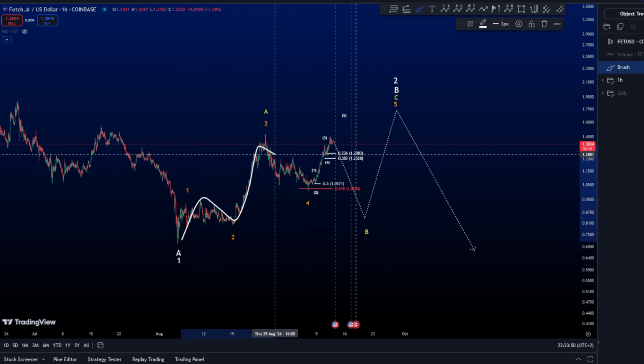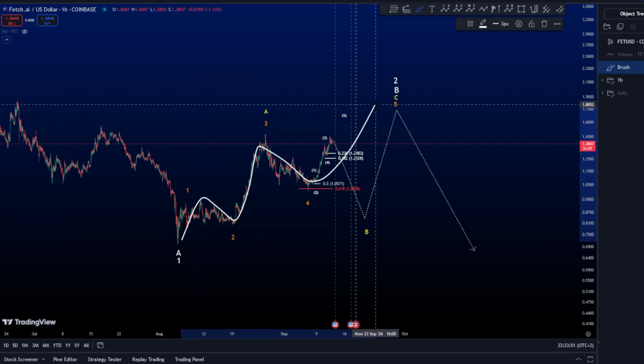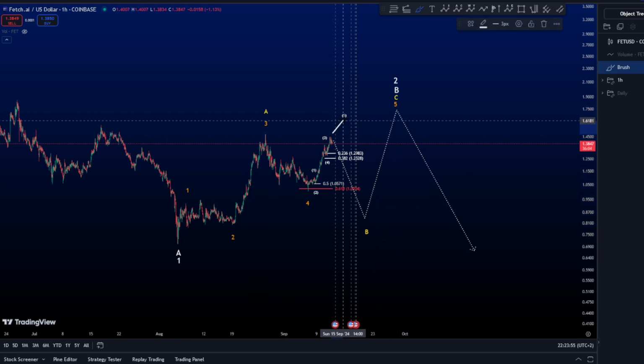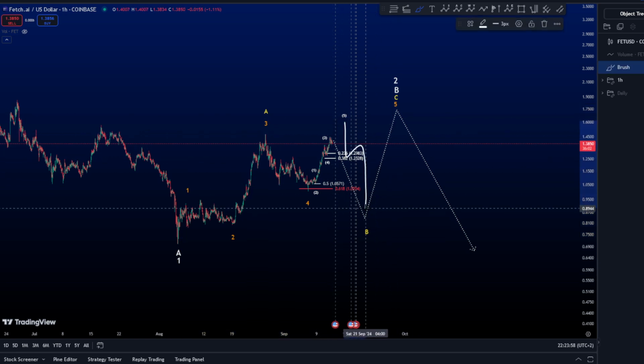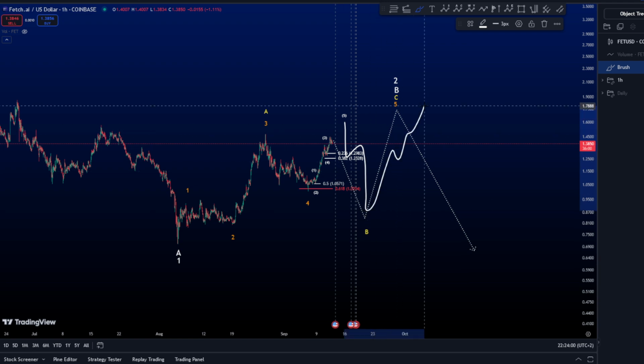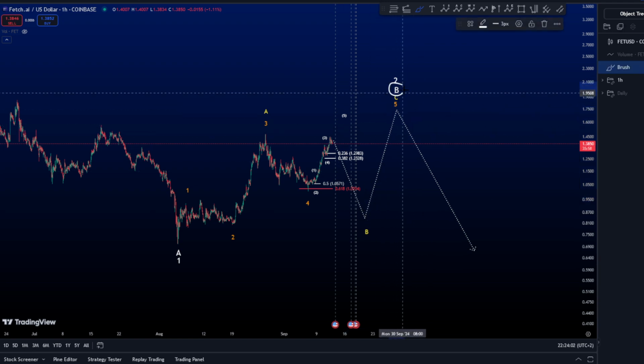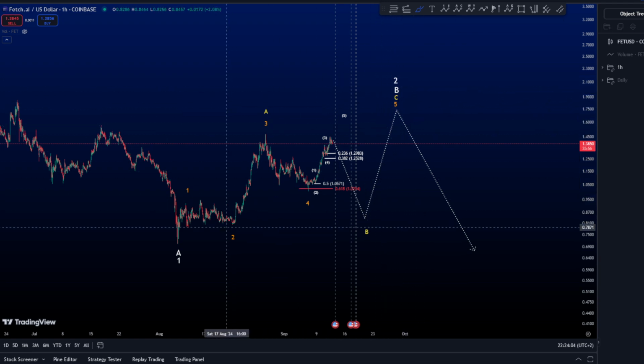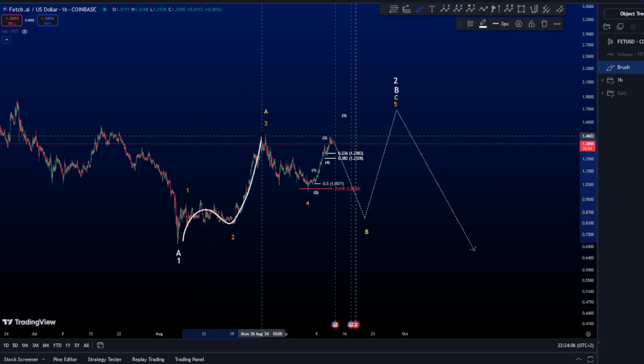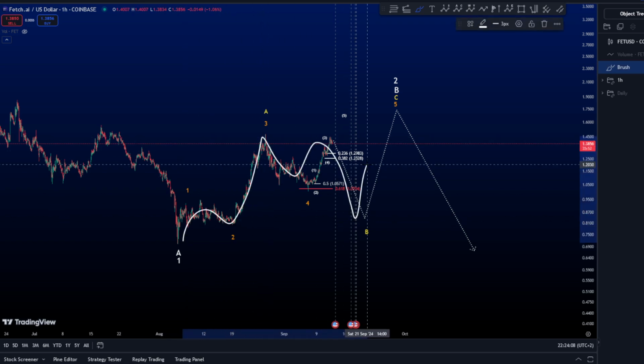In both case scenarios, if you have a wave 5 towards the upside, you want to see it finished here, then 3 waves towards the downside and then 5 waves towards the upside, finishing this wave B or 2. Or in case we are in 3 waves and then 3 waves down, then we also want to finish this wave towards the upside.